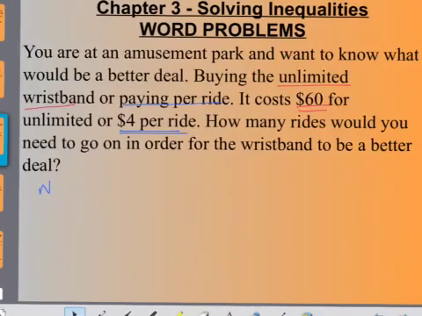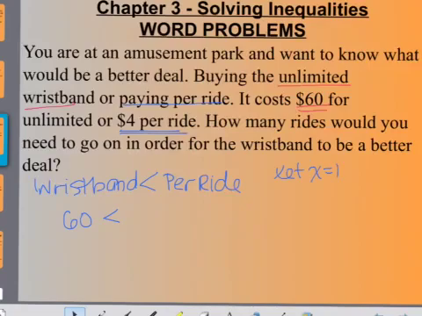So we want the wristband to be less than in cost paying per ride. Well, it costs $60 for the unlimited wristband, so 60, we want that to be less than $4 per ride. If we let x equal the number of rides, $4 per ride.